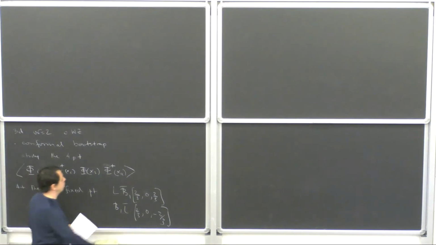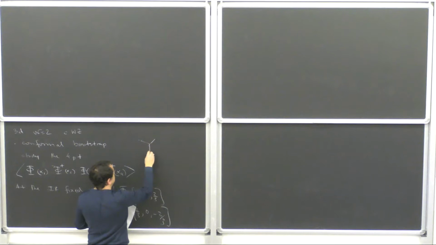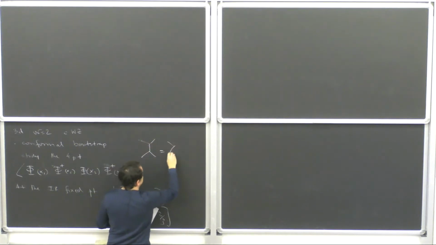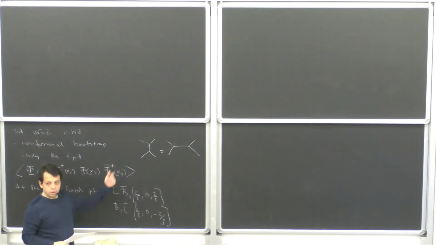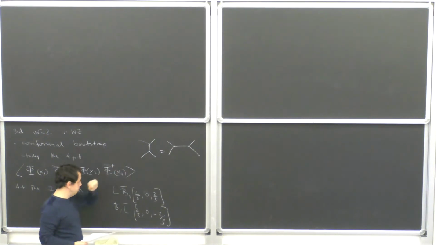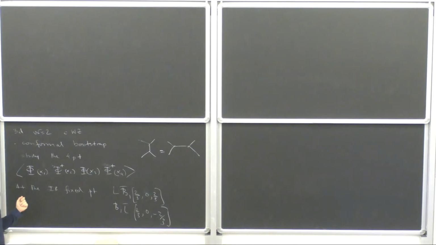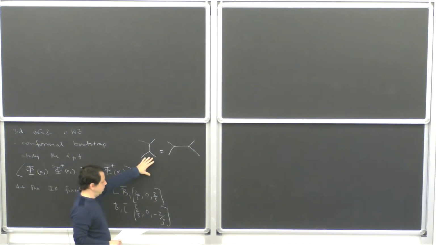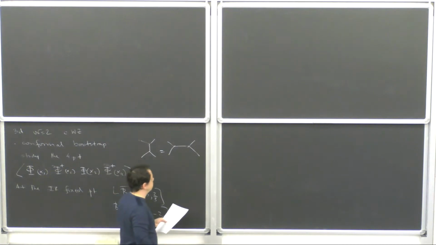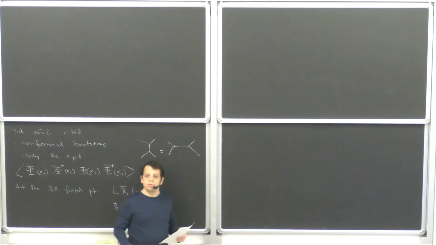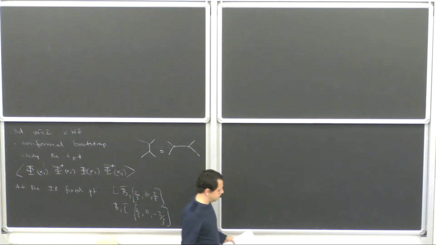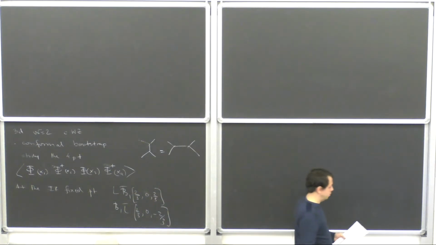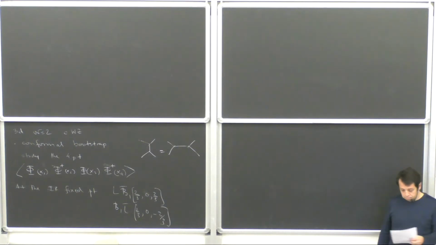You try to numerically solve this equation, which you cannot solve because it's infinitely many equations, infinitely many unknowns. So the idea is to try to exclude, to try to show that some choices of these conformal dimensions and OPE coefficients are not allowed.